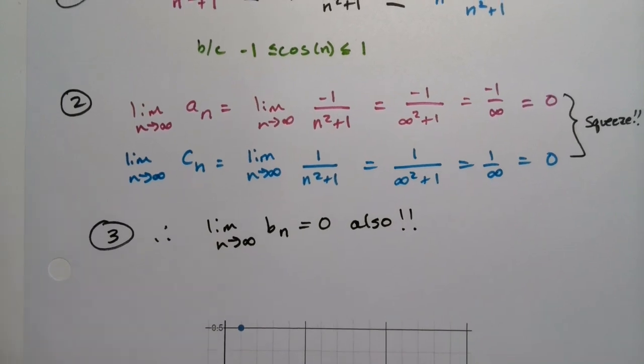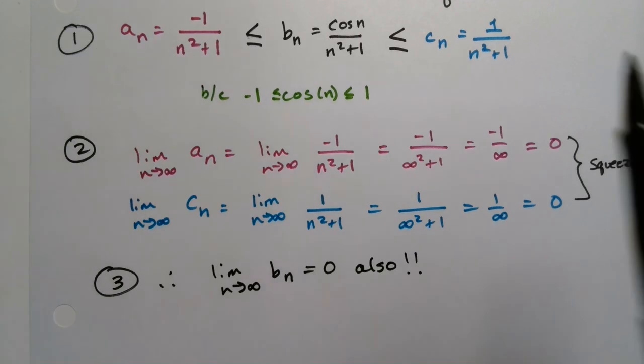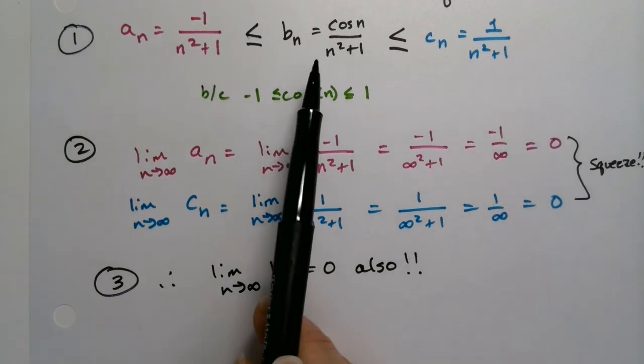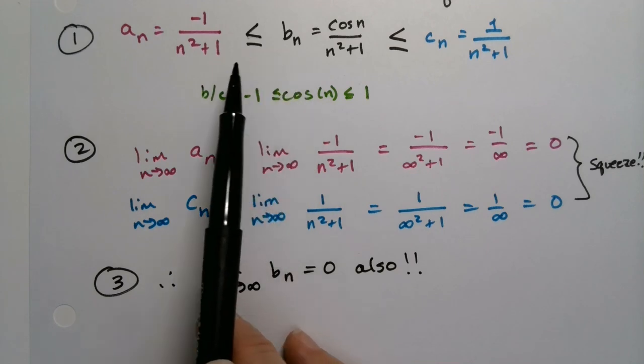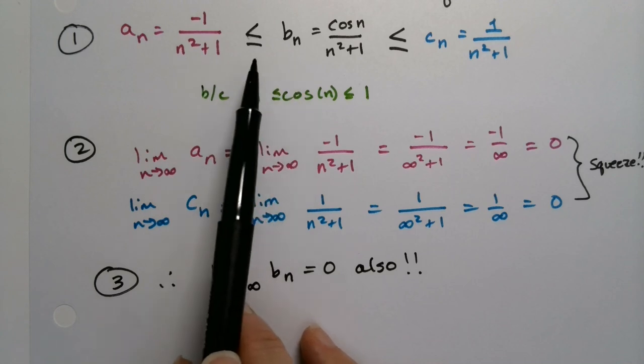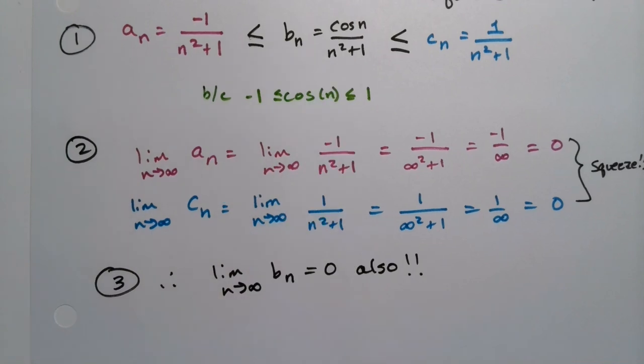So it's two components. You have to prove that you have a sequence that's less than and a sequence that's greater than the sequence you're actually interested in, for all relevant values of n. It doesn't really matter so much at the beginning. What matters is as n goes to infinity. So if the first two are a little weird, that's not that big of a deal. However, that's not going to be a problem with cosine.